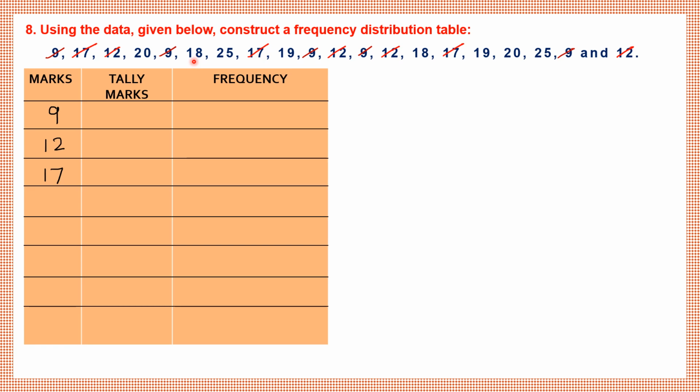We have 18. So let's write down 18 and strike out all the 18s. Now what do we have next? We have 19. So let's write down 19 and strike out all the 19s.